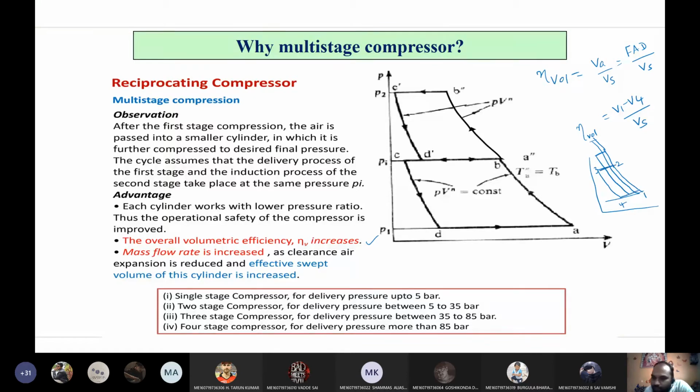At that time, this is the effective swept volume. Now if you increase the pressure further, 1 2 to 2 dash, then 2 dash to 3 dash, and this is 4 dash. Earlier V1 minus V4 was the effective swept volume. Now, due to the increase in pressure, it is V1 minus V4 dash. Which volume is more, V1 minus V4 or V1 minus V4 dash?